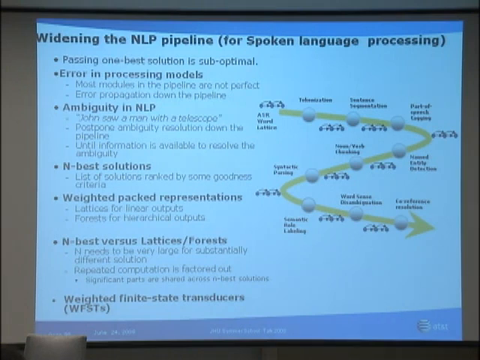So there is ongoing work to see how we can extend this sort of pipeline architecture so that you can broaden the pipe and produce multiple solutions and pass them down the chain. Because the ambiguity may not be resolved in one step, and there may be other kinds of discourse or contextual information that might resolve it down the chain. So instead of getting a greedy solution up front, you want to propagate a weighted set of solutions down the pipe. There is much work to be done in that space in case you are looking for PhD topics.